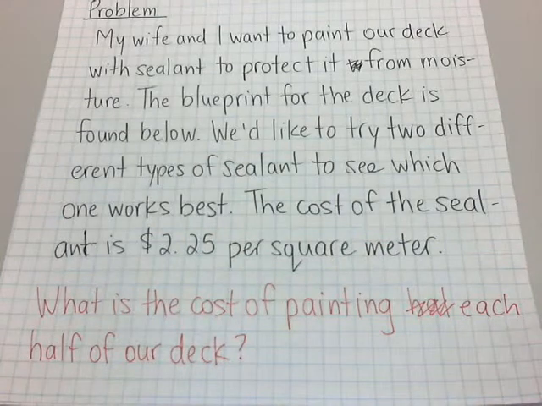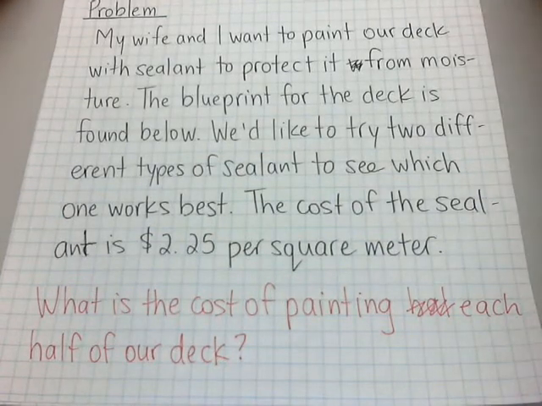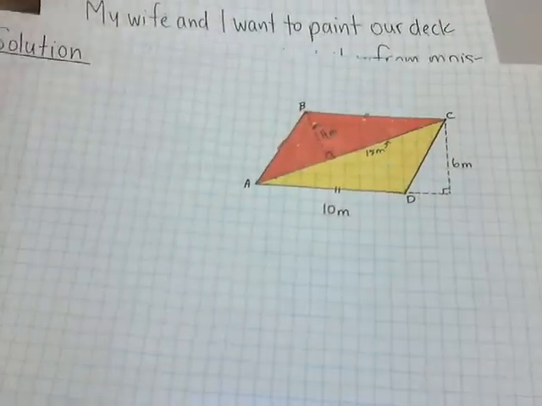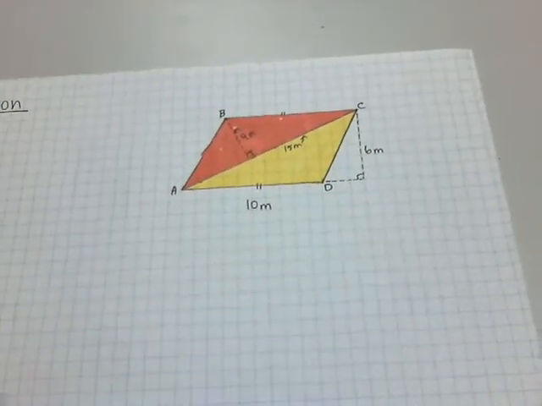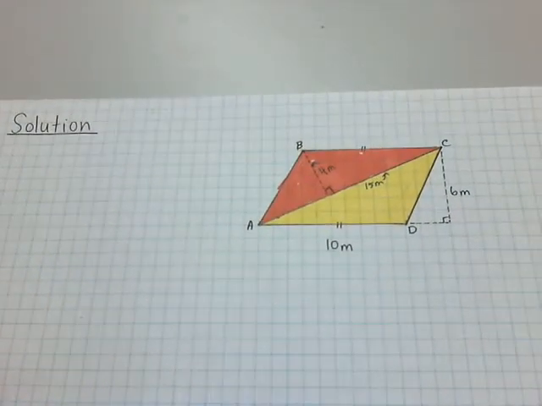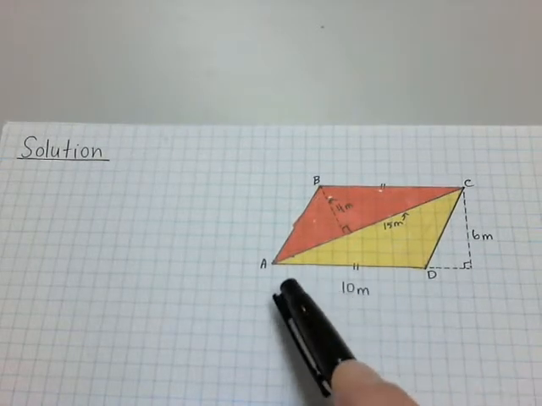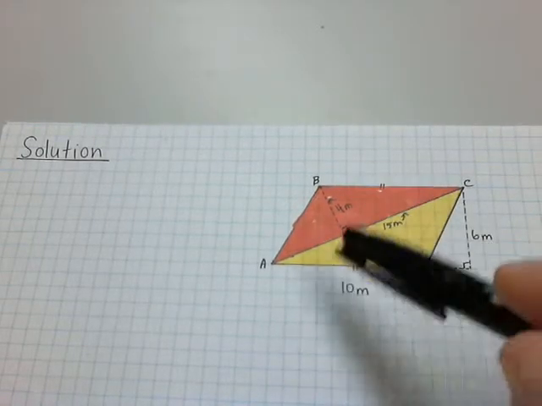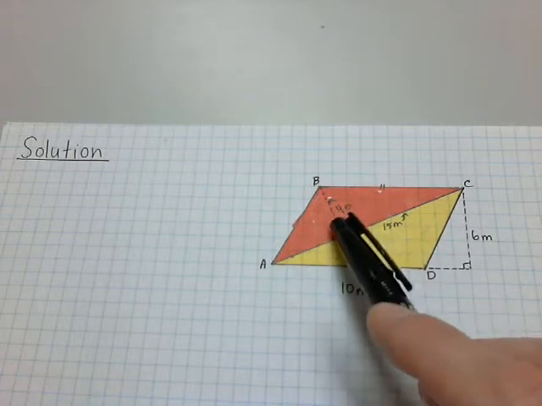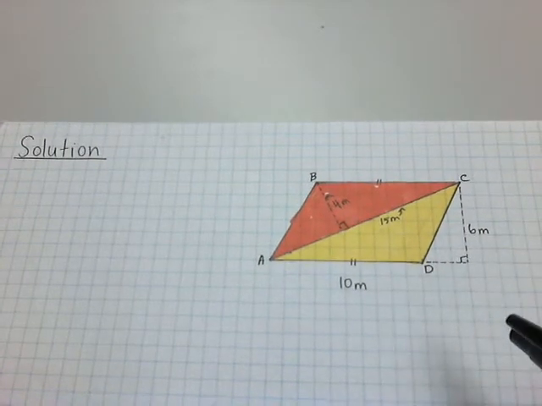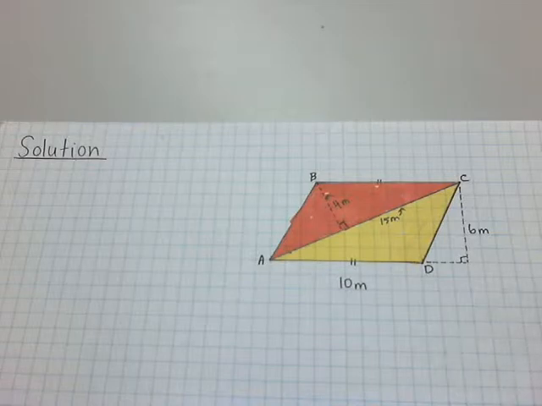And so what I thought I would do is show you this sheet, which is the blueprint of our deck. The length here is 10 meters, and a couple other numbers here: 15 meters, 4 meters, and 6 meters. Now, yesterday we learned a little bit about the area of a parallelogram.